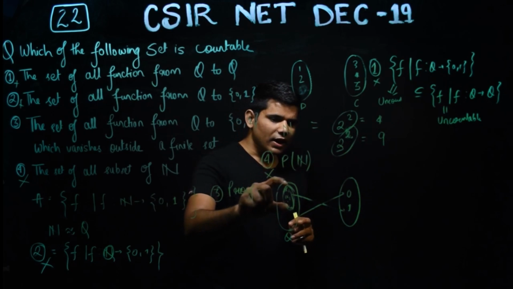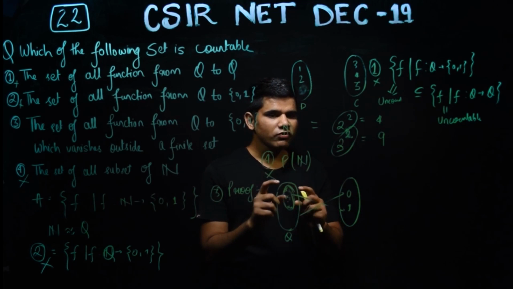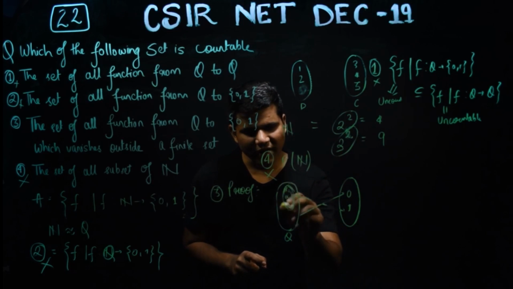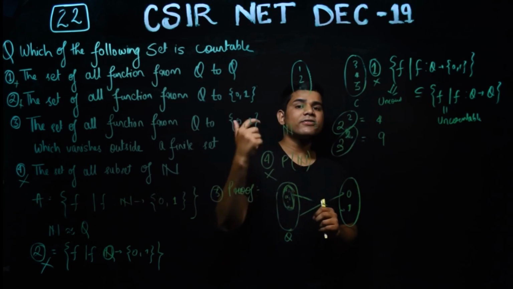If I want to count those functions, they will be totally dependent on this finite set. If you vary this finite set, you will get a different function.